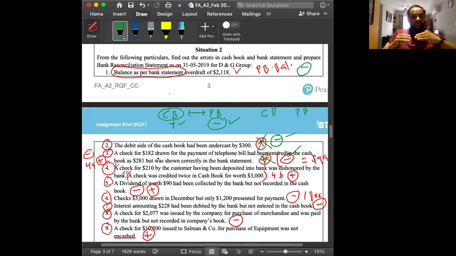So we have to add $99 to make the balance equal in our cash book, because they're talking about the cash book. So how do we perform it in the passbook? Exactly opposite. So that's why minus. Is it okay?